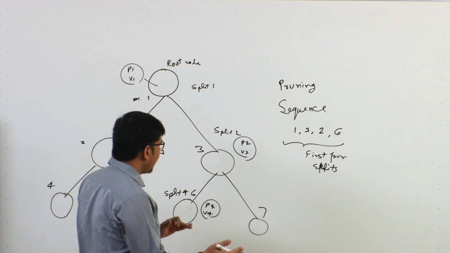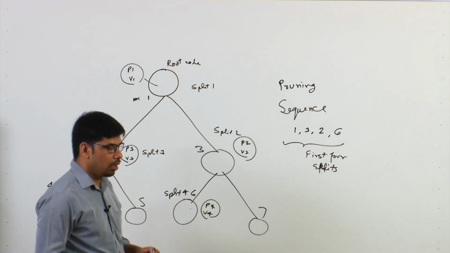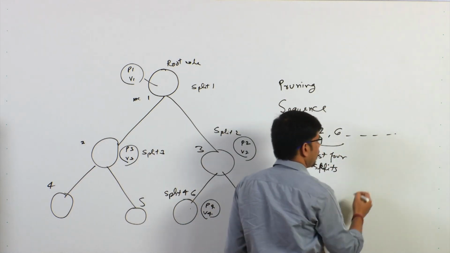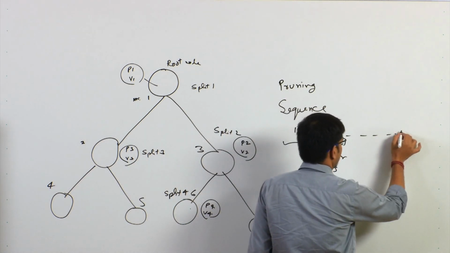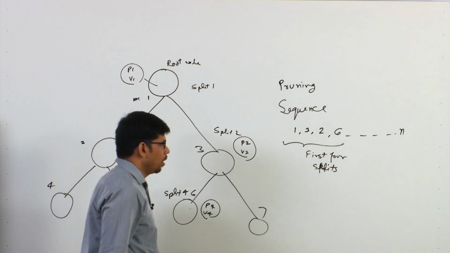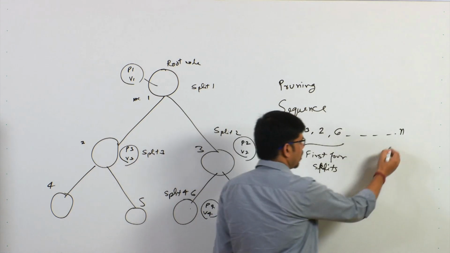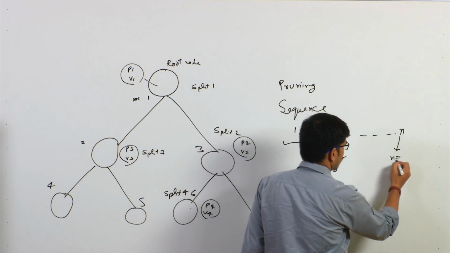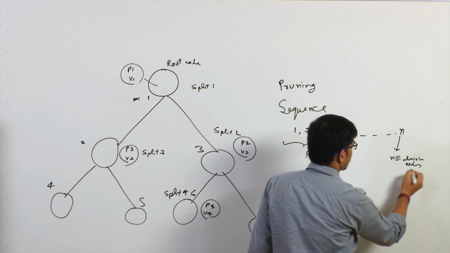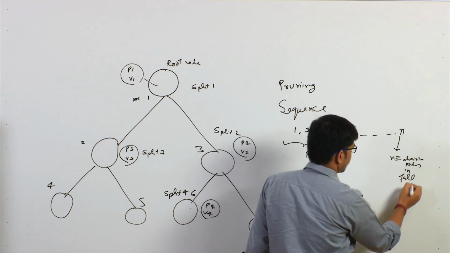When we prune back the full grown tree to a certain level, we will have to follow this splitting pattern, right. Let us say if there are n number of splits, that is going to be equal to the number of decision nodes in the full grown tree.